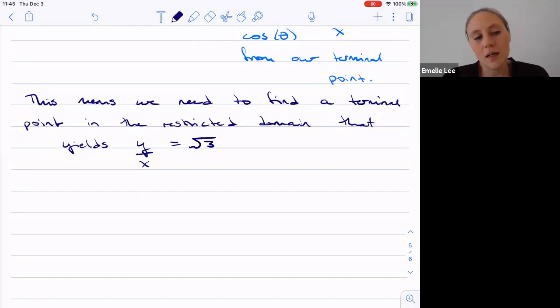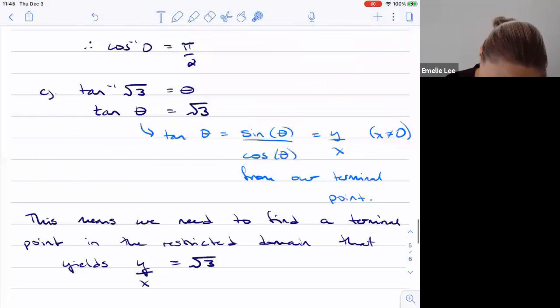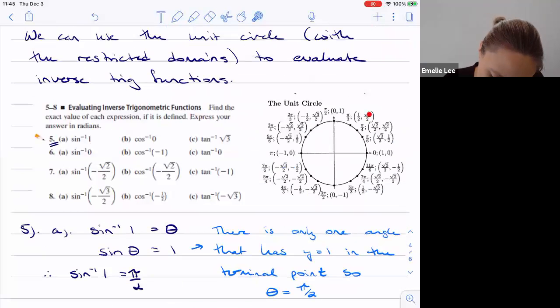Okay. A lot of the time, root 3 looks familiar, right? So you're probably going to have to use one of the points that have root 3. This one has root 3. Here we've got a root 3 as the x. So we've got two options. The other half, they're not options, right? Because one of these is negative and the other is positive.